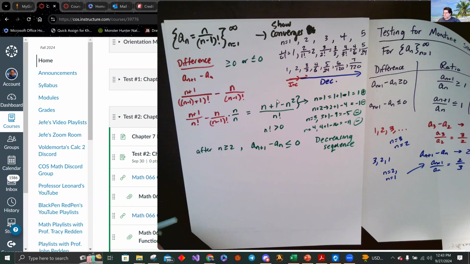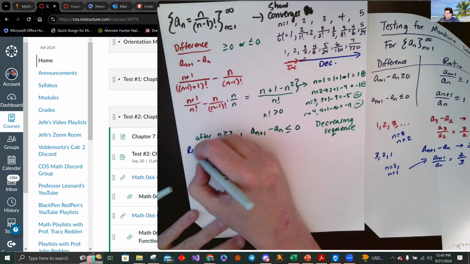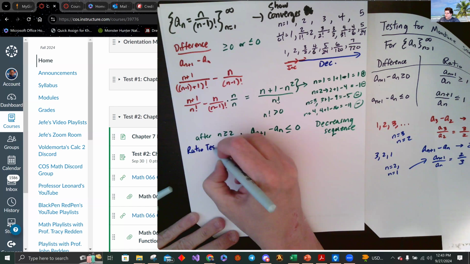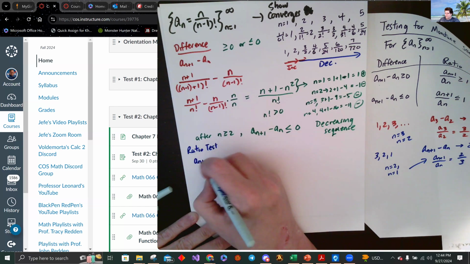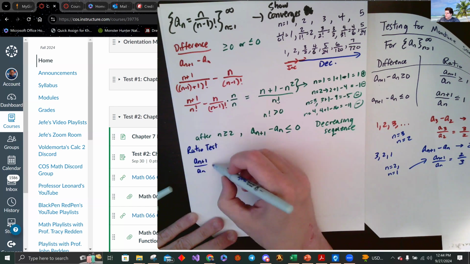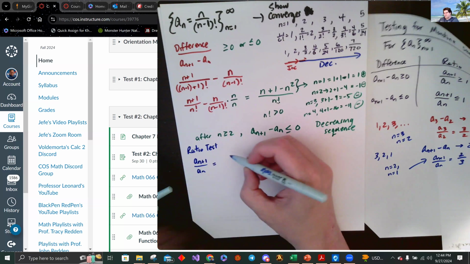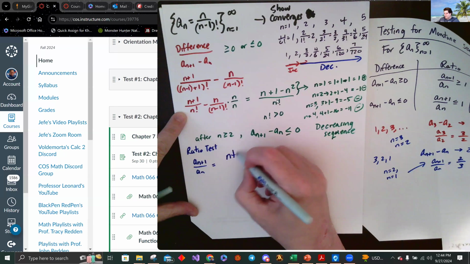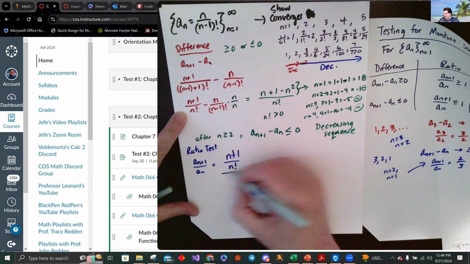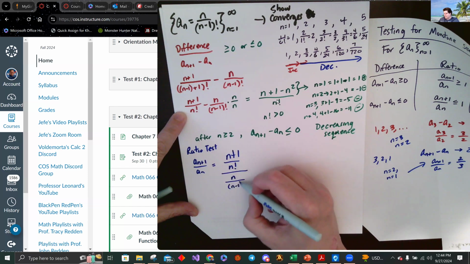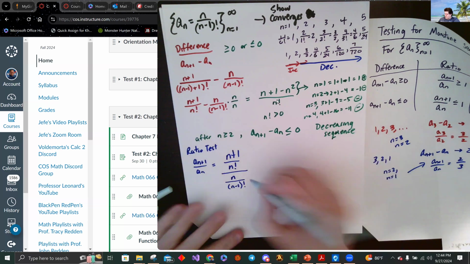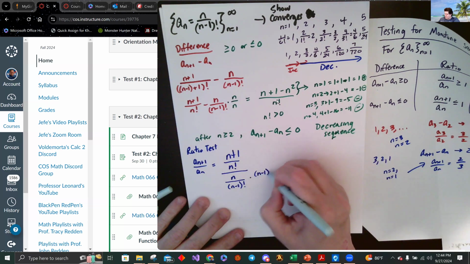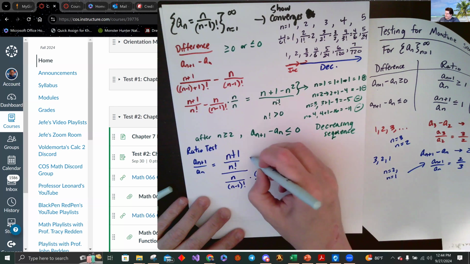If we look at the ratio test, we've got a sub n plus 1 over a sub n. I'm going to use these two versions right here. I have n plus 1 over n factorial divided by n over n minus 1 factorial. So I'm going to multiply by the reciprocal of the bottom to get rid of this complex fraction.